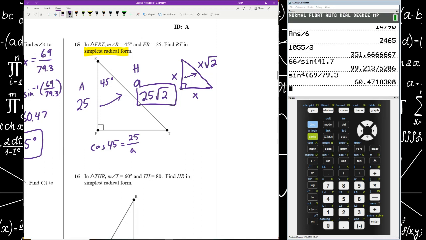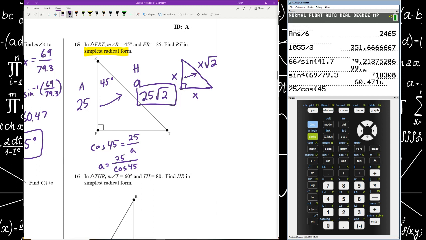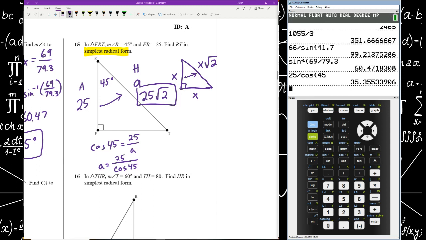So A equals 25 divided by cosine 45. And whenever I do this, I type into the calculator 25 divided by cosine 45, and that gives us 35.35.